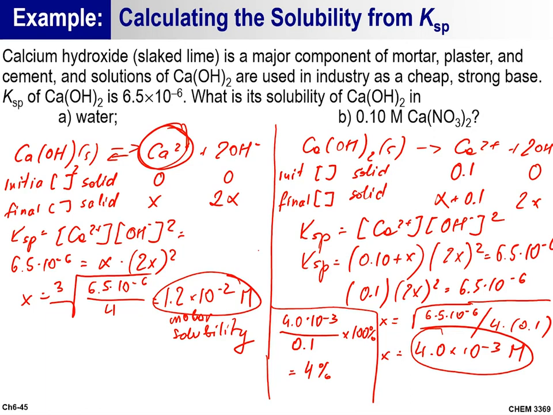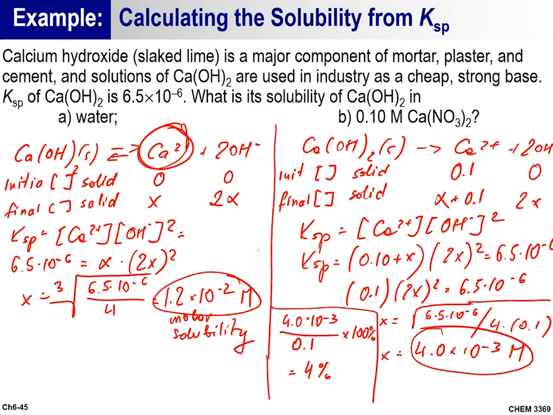And that change is not small. So if you calculate the percent change, which is the solubility in calcium nitrate, 4.0 times 10 to the negative 3, minus the solubility in water, 1.2 times 10 to the negative 2, divided by the solubility in water, multiplied by 100%.